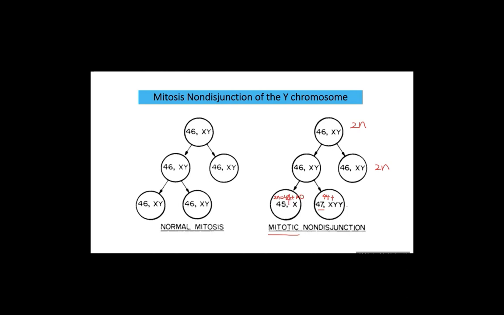Therefore the total is 45, because 44 are autosomes and the remaining two are supposed to be sex chromosomes. This daughter cell has only one sex chromosome, not two. The other cell has more than two sex chromosomes. So these kinds of abnormal chromosome numbers can result from mitotic non-disjunction. At that time, 44 plus XYY can be formed.